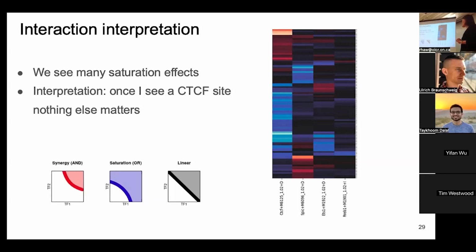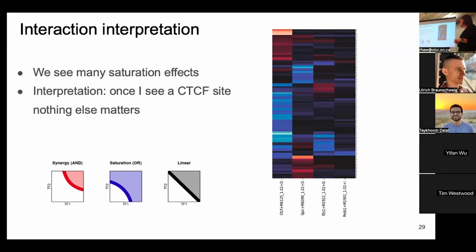But actually, this is quite consistent with even basic things we understand. For example, CTCF has a lot of saturation effects, and really just one CTCF site will open chromatin. People have now done these assays where you can introduce a site onto a methylated piece of DNA, and it will get unmethylated and just be open chromatin.